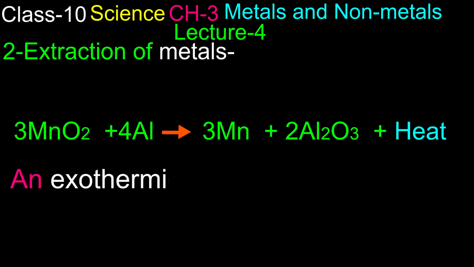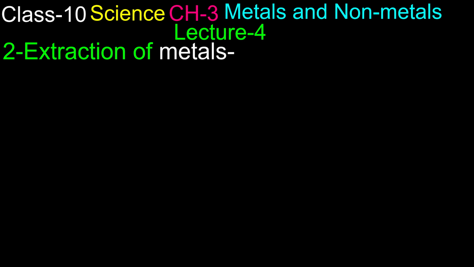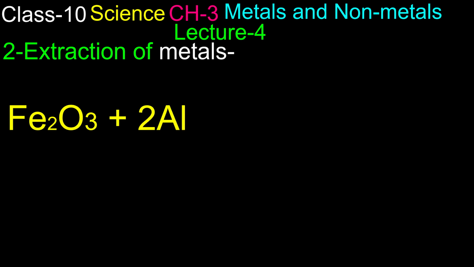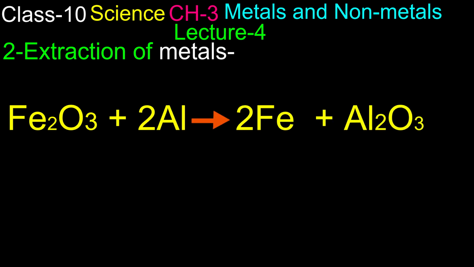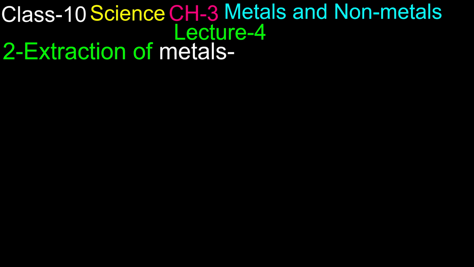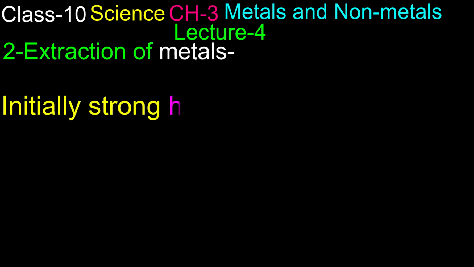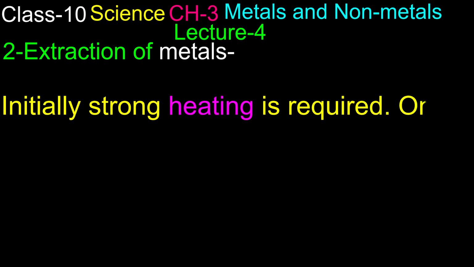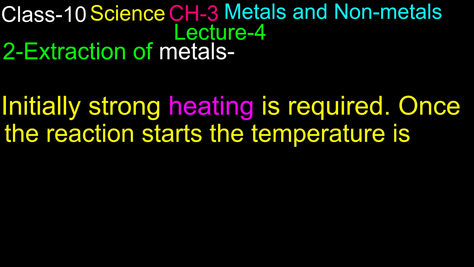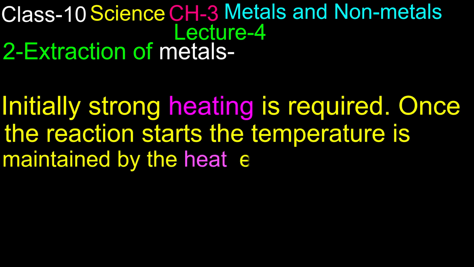It is an exothermic process. And Fe2O3 plus aluminium produce Fe or iron plus Al2O3. Though initially heating is required, once the reaction starts, the reaction temperature is maintained by the heat evolved in the reaction.